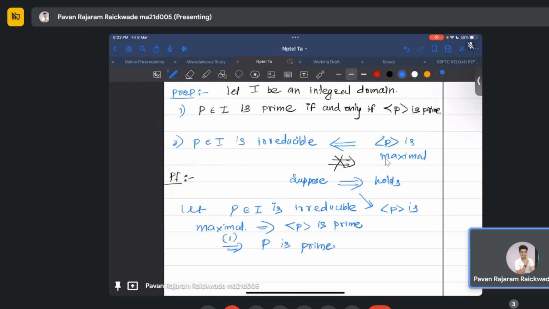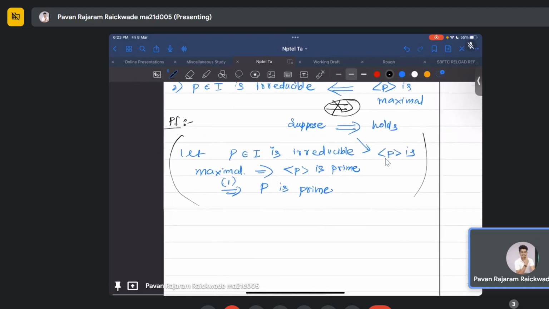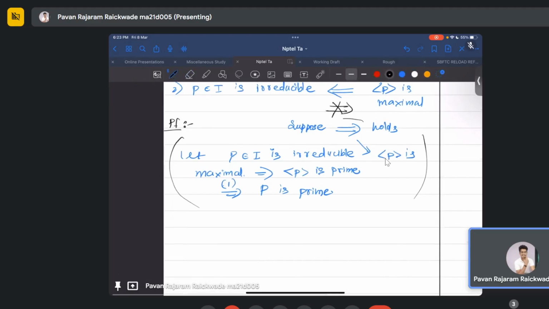So what do we get? Every irreducible element is prime, but this is not generally true, right? Hence this is a quick proof that the converse does not hold.